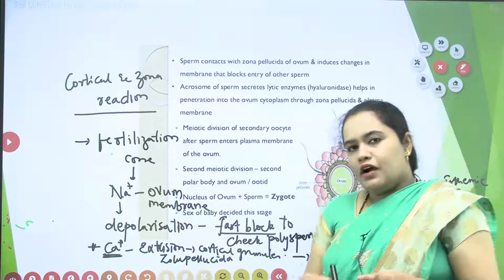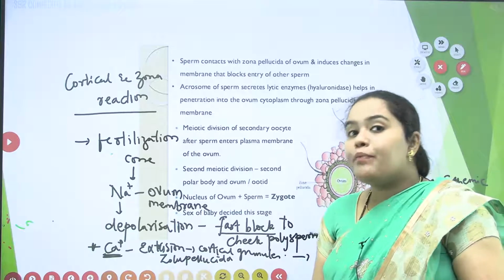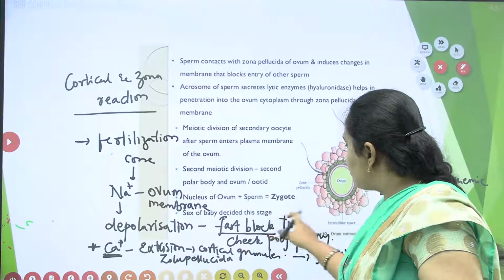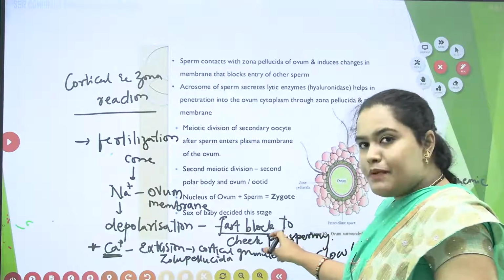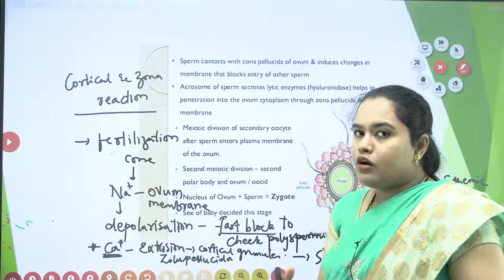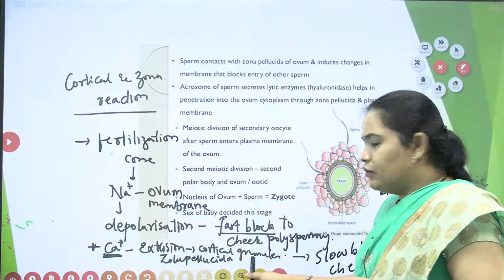So see, the entry of more than one sperm will get prevented by means of these two processes. The first block to check polyspermy will be there by means of sodium ions, and then the slow block to check polyspermy will be there by means of the cortical granules.